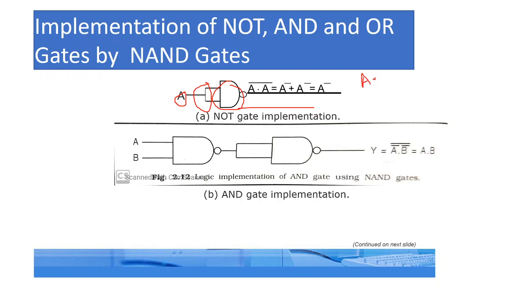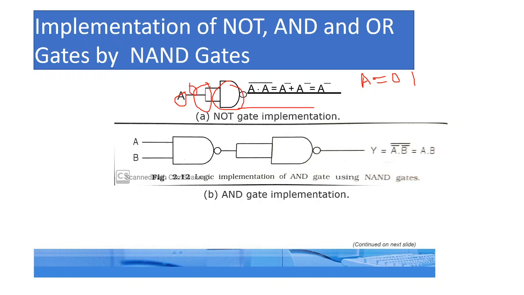Suppose A is equal to 0, so the output of a NOT gate must be 1. Let us see if this occurs in this case or not. A is equal to 0.